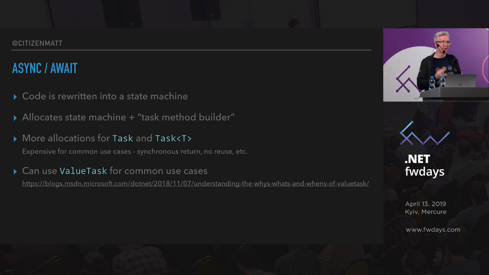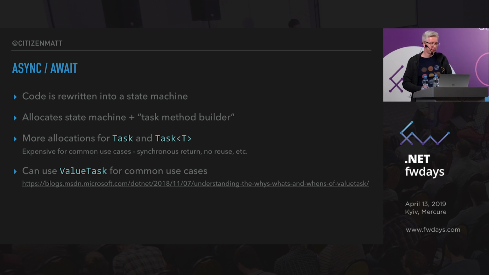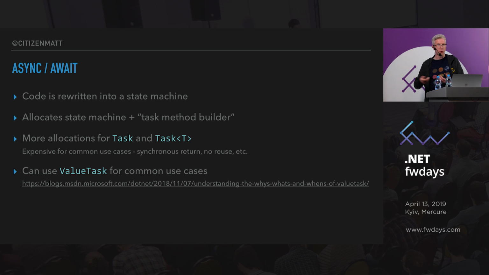If you already know what the result of an asynchronous operation is going to be, you still have to allocate a task for it, and you don't get the chance to reuse things, and you're just having more allocations for something which, if you wrote in a non-asynchronous manner, would be much cheaper.